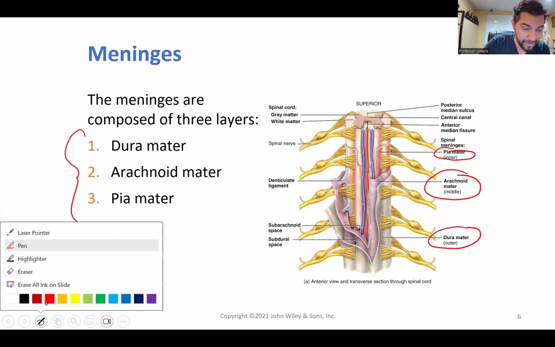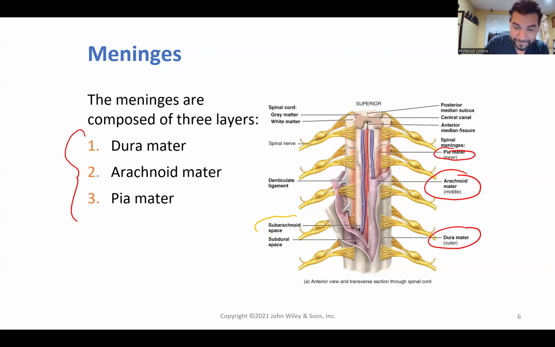There is a very important space called the subarachnoid space. It's a larger gap and it contains something that we will talk about more when we get into the brain, but I'd like to introduce it here. It contains something called CSF, which stands for cerebrospinal fluid.